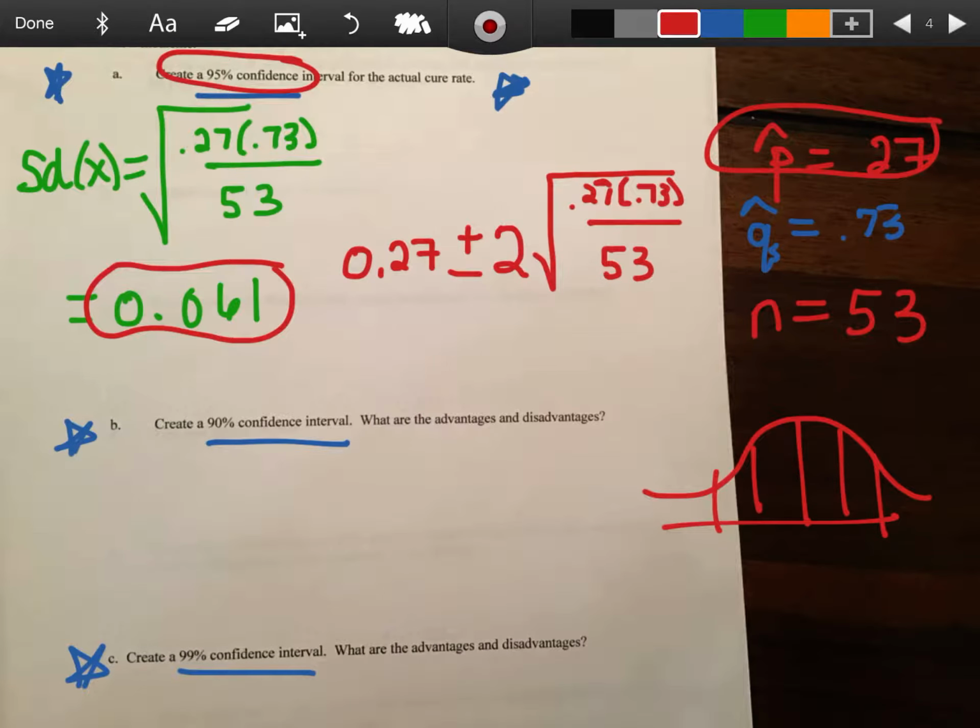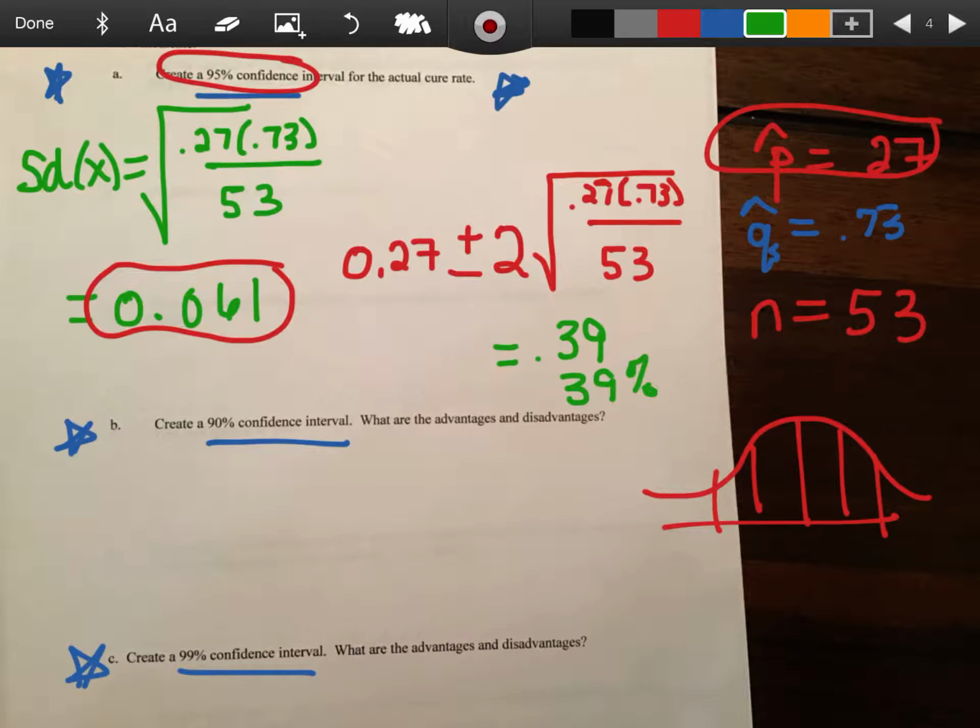So when you type this in your calculator, I'm going to do 0.27 plus 2 times my previous answer. I can push second negative to come up with my previous answer. And what I got there was 0.39, which is 39%.